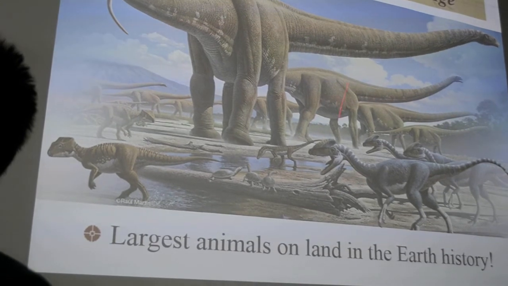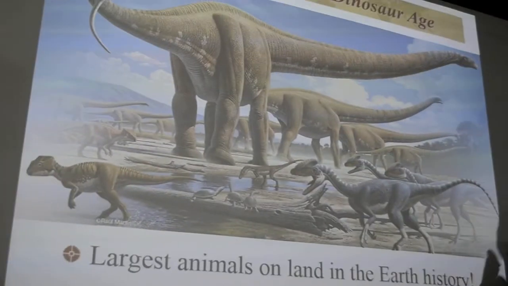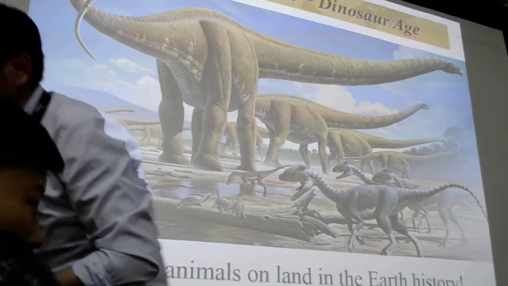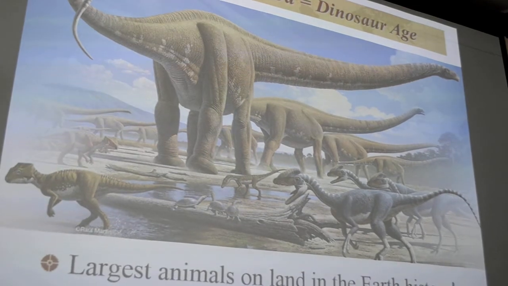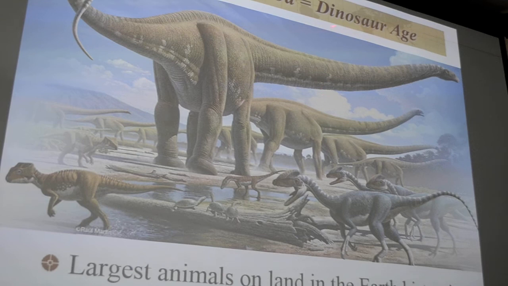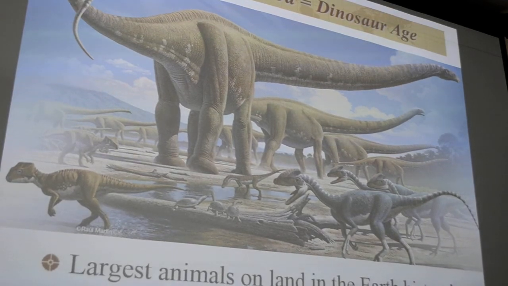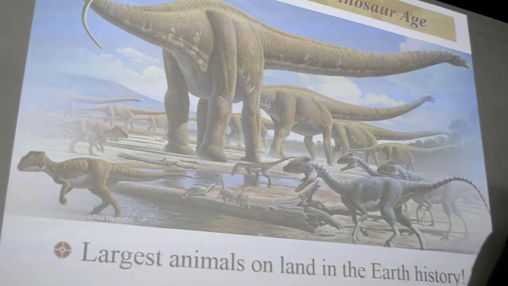And actually this is the reason why I came to Mongolia and why I'm studying Cretaceous deposits. Since I was a kid, I liked dinosaurs. The dinosaurs lived 100 million years ago, that is the Cretaceous period.